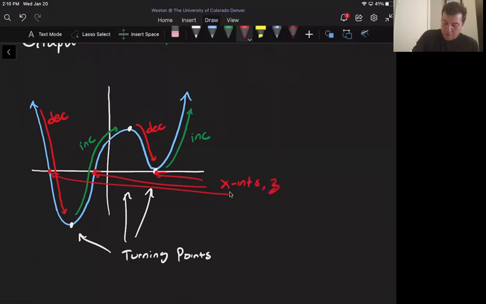And then they also have 2 other names. There's zeros as well as roots. Our textbook often calls them zeros when you're talking about them with a polynomial. And a zero is an x-intercept on a graph. So when you're looking at the graph, it's actually an x-intercept.